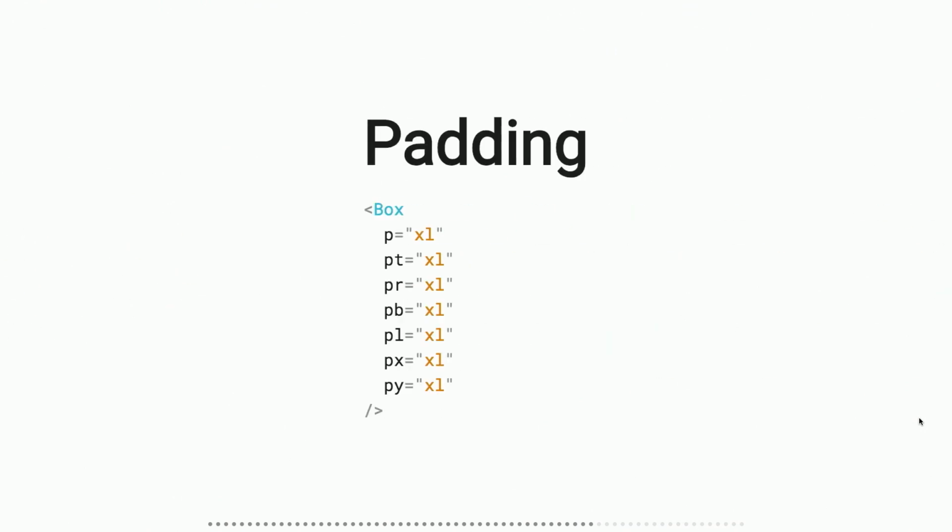So let's start with padding. Let's imagine we have a box component. I don't want to show any real libraries here. I just want to focus on the approach. But at the very end, I will show some links to existing implementations of all these components. So let's imagine we have a box component that has props to define padding.